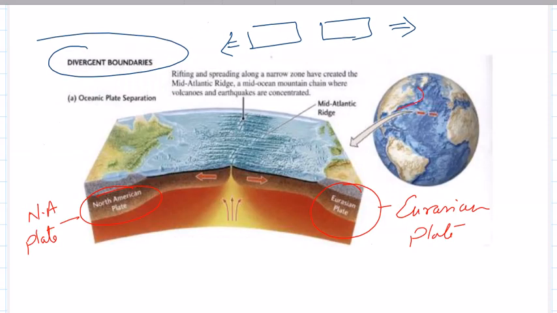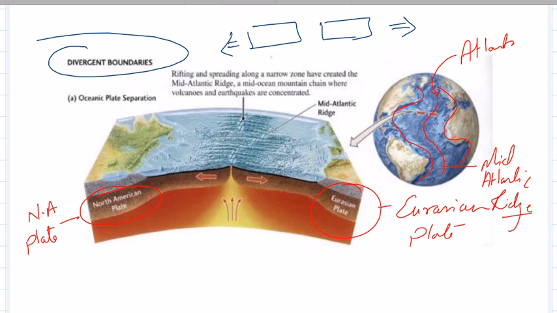In this S-shaped Atlantic Ocean, exactly in between, there is a feature known as the Mid-Atlantic Ridge. This is a landform created due to the divergence of the North American plate and Eurasian plate, which are moving apart from each other in opposite directions.